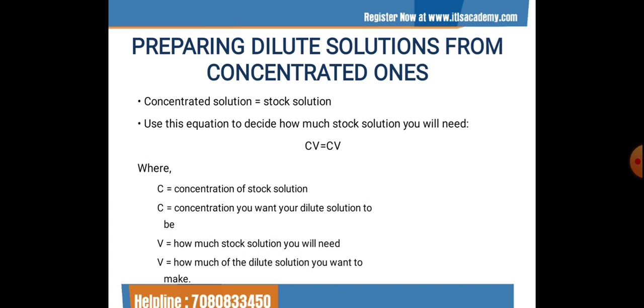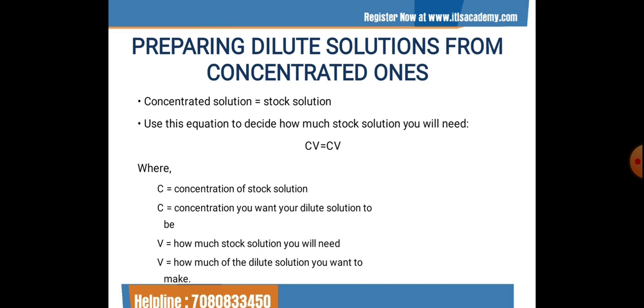Suppose you have a stock solution of 5 molar concentration, and it is 50 ml. Now you want to make 0.2 molar solution of 100 ml.